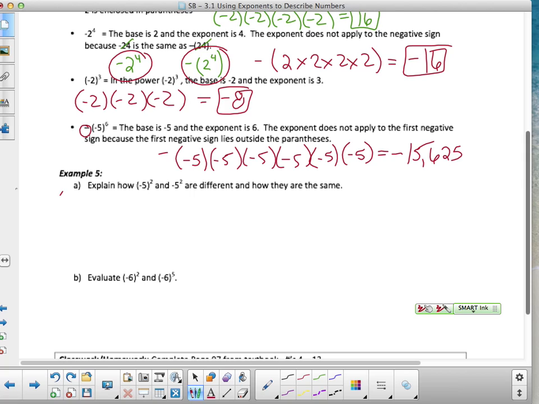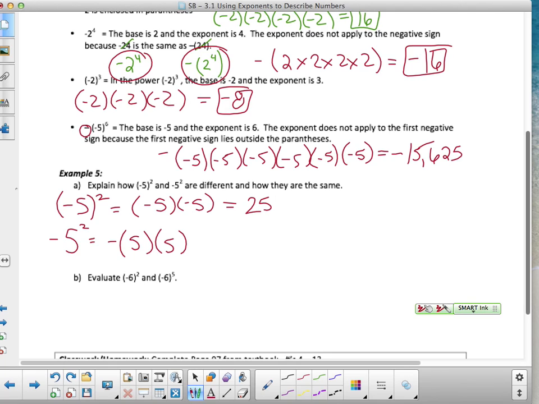So the first one is negative 5 squared, which is written as negative 5 times negative 5. The second one is negative 5 squared, so my negative sign stays in the front. I have 5 times 5. So then a negative times a negative is a positive 25. Here I have a negative 25, and this is my final answer.